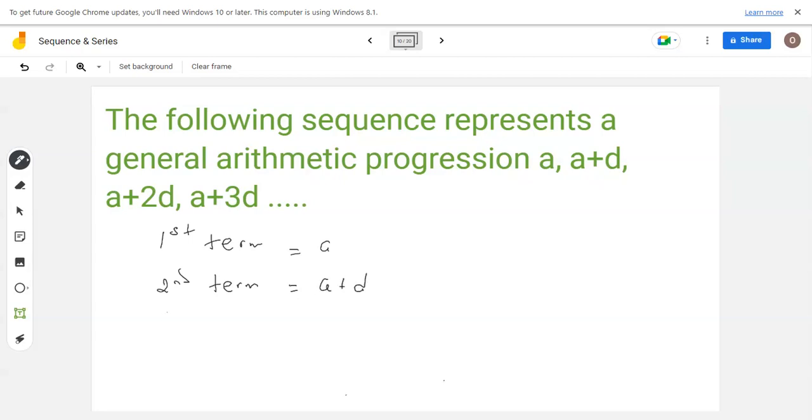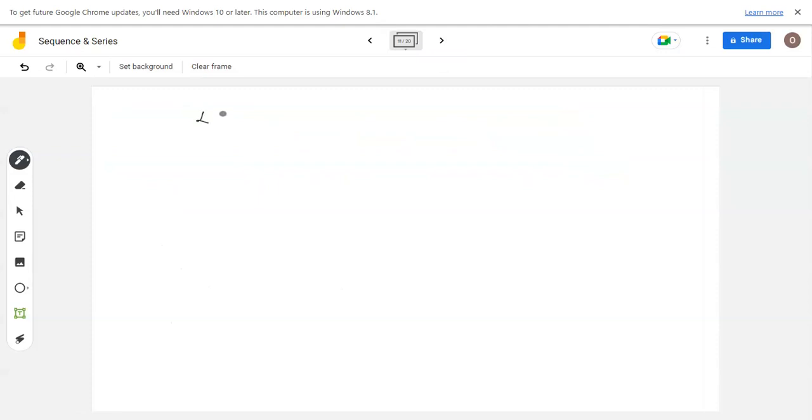Then the third term is equal to a plus 2d. The fourth term of AP is equal to a plus 3d.